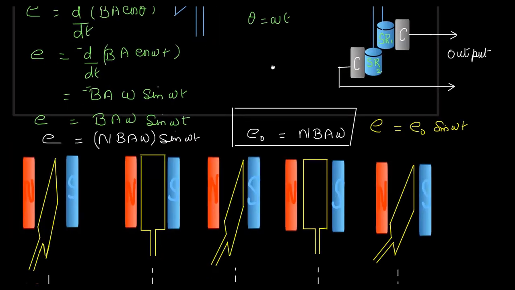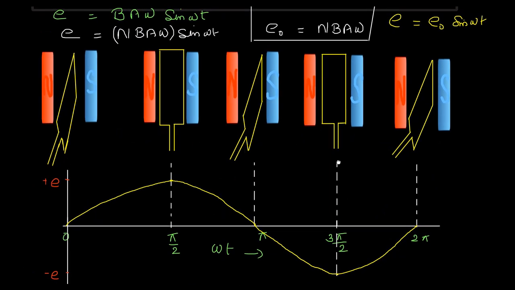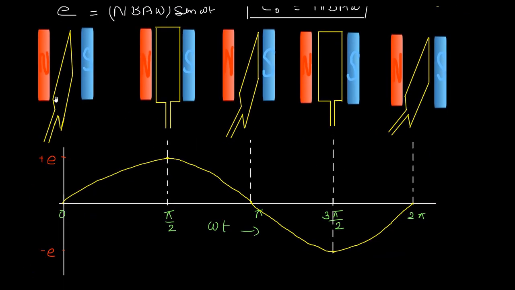Now look at these diagrams. These are the different positions of the coil. In the first case, the plane of the coil is perpendicular to the magnetic field. Magnetic field acts from north to south, and the area vector is parallel to the magnetic field.